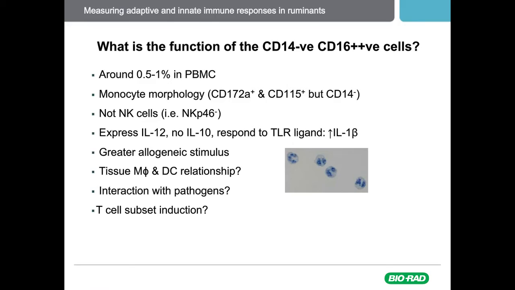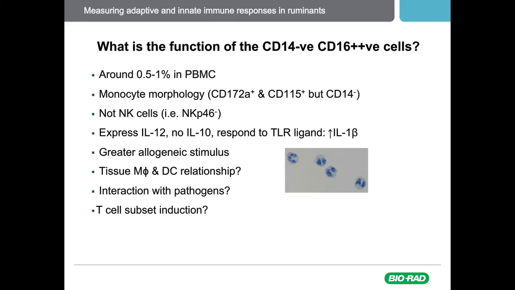We know that they are not NK cells because they are NKp46 negative. They express interleukin-12, not IL-10, and will respond to TLR ligands by upregulation of IL-1 beta. And on sorted populations, they can induce greater allogeneic responses.